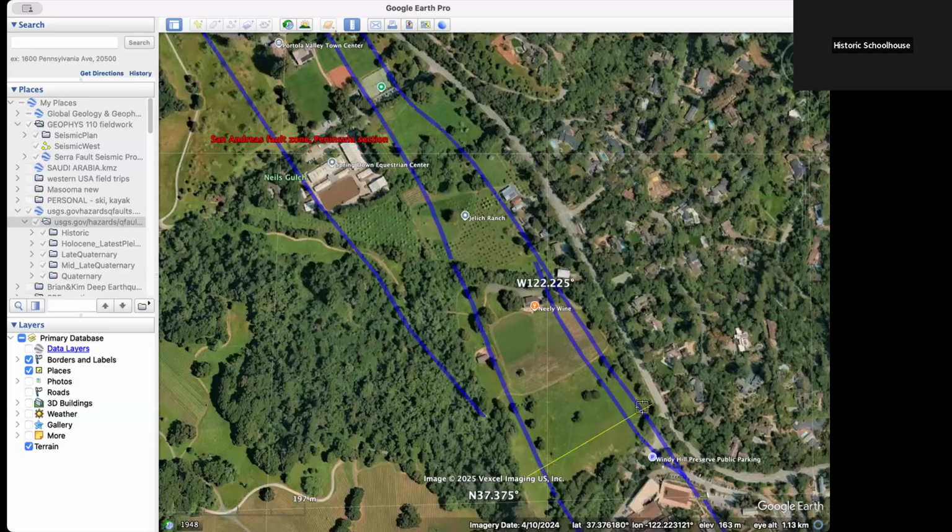Do we know if they found any of the other marked traces? Oh, they did. Awesome. Okay.